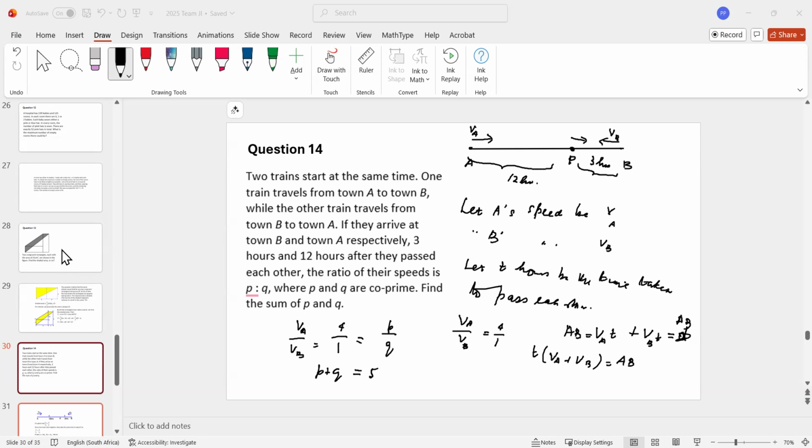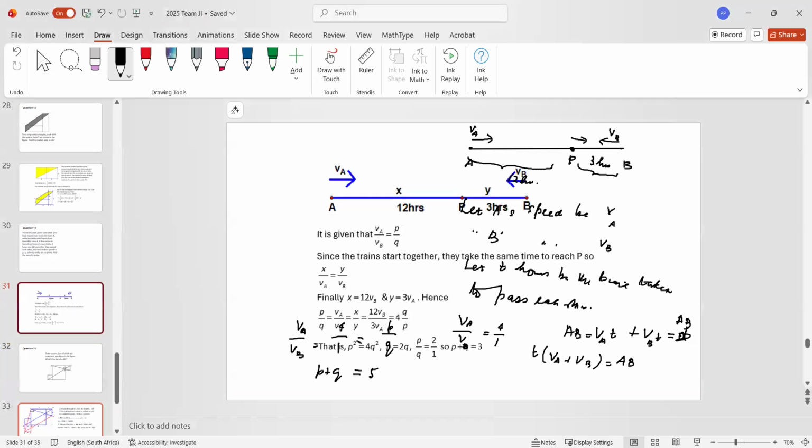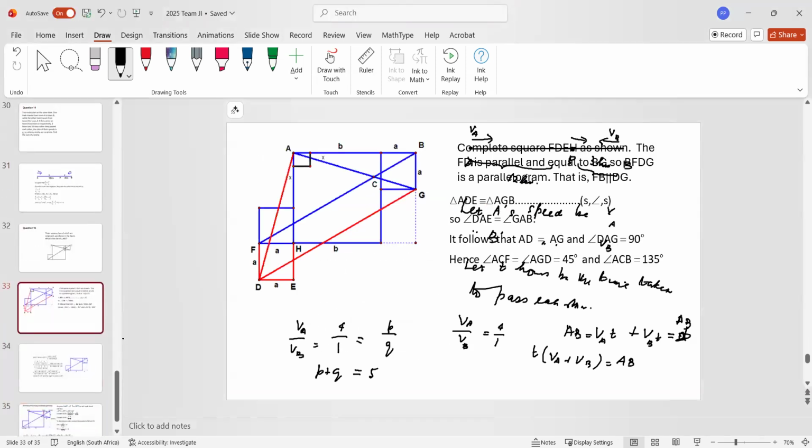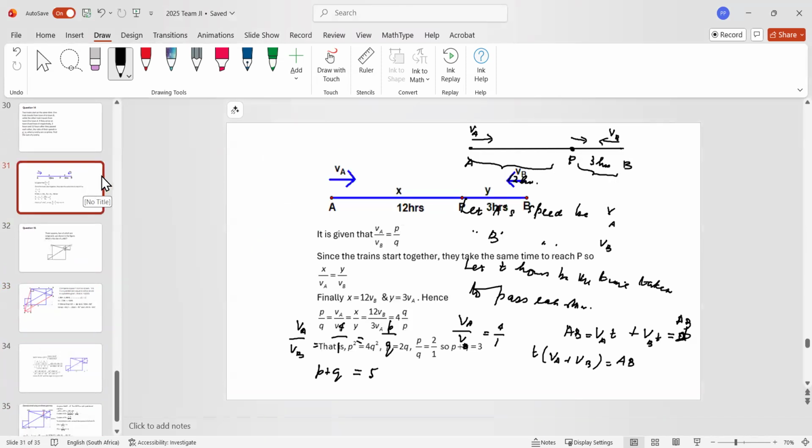So this answer to this is easier than, oh, it's 3.